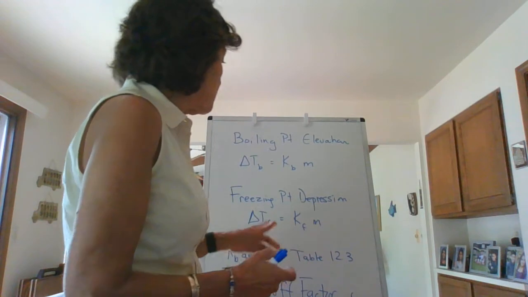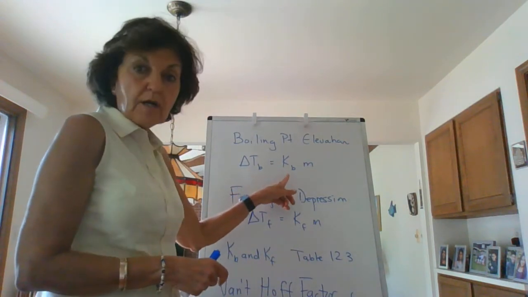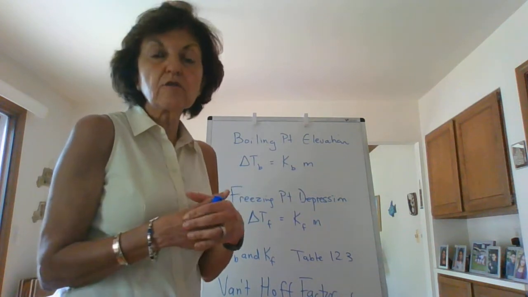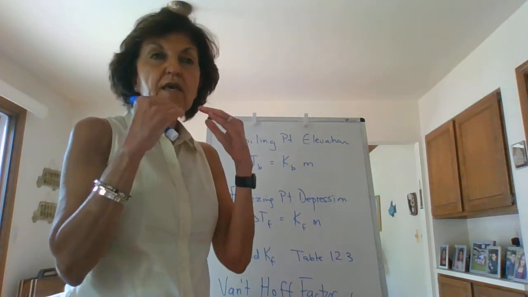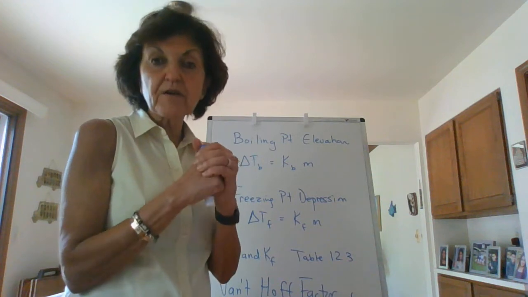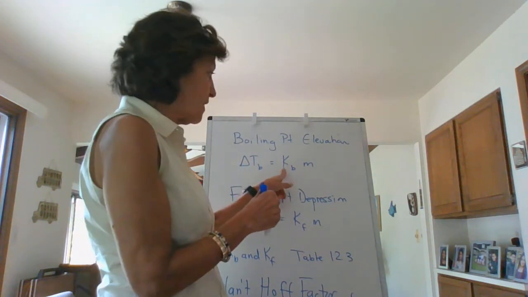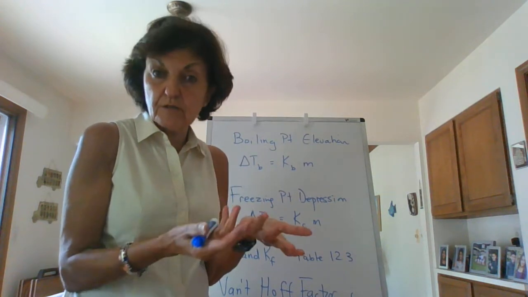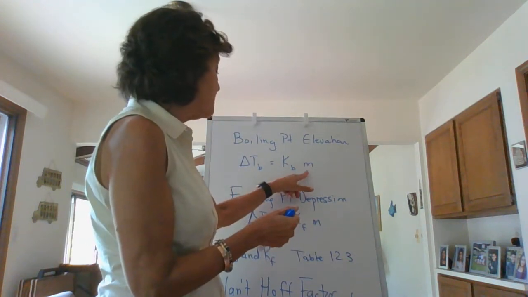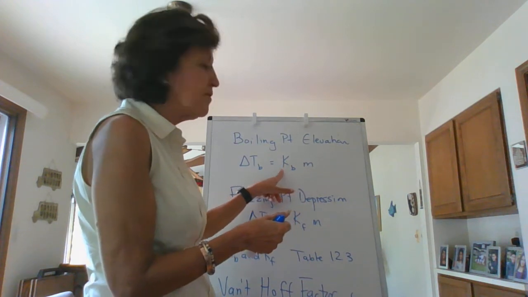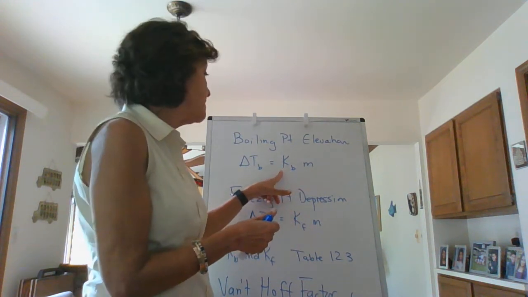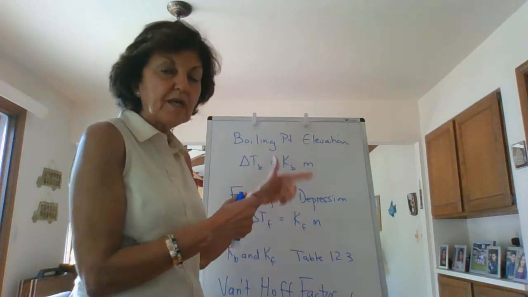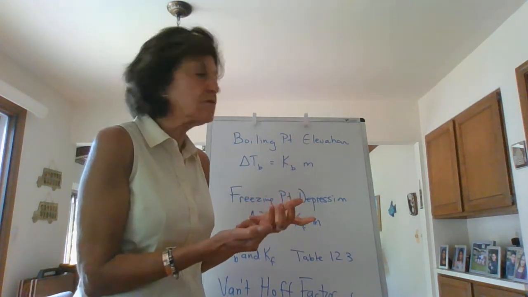All right, so if you look up the constant, basically these constants are related to the solvent. So each solvent has a specific constant. You look that up, and then you write down or calculate the molality of the solution. You multiply the molality of the solution by the constant. The constant is in degrees Celsius per molal, so molality cancels, and you end up with degrees Celsius.